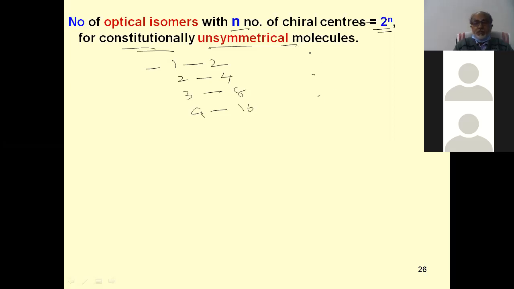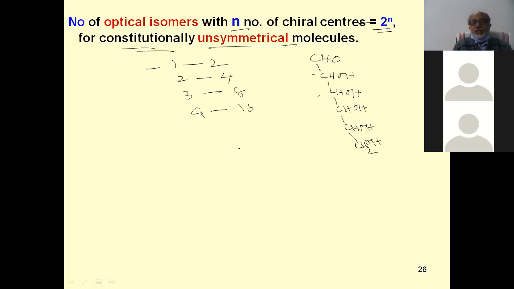Now suppose we have this molecule: CHO, this is the aldehyde group, then CHOH, CHOH, another CHOH, another CHOH, then CH2OH.